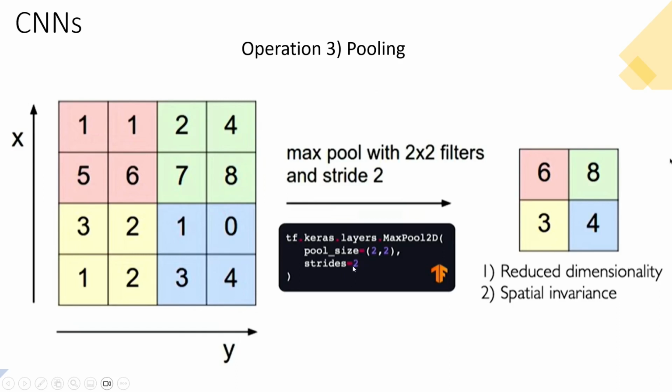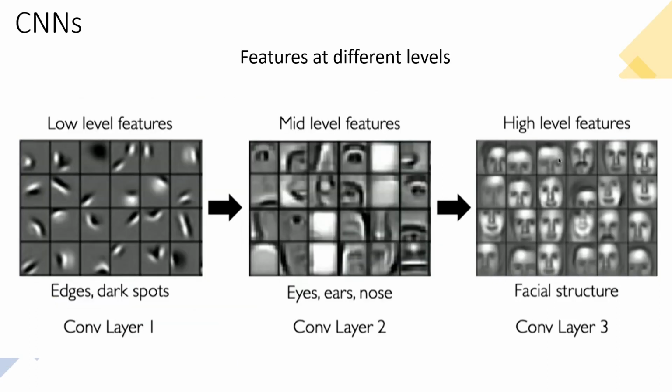If you take stride as 2, for example, I reduce the dimension into half. If this is a 4x4 matrix, then I end up with a 2x2 matrix. So these 3 operations we will be using in order to create our convolutional neural networks.